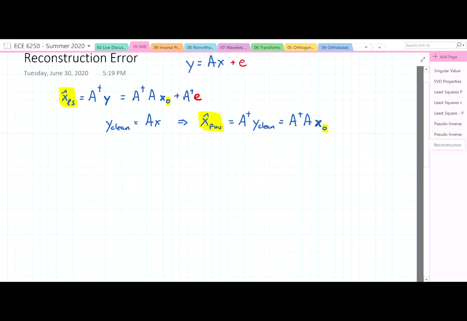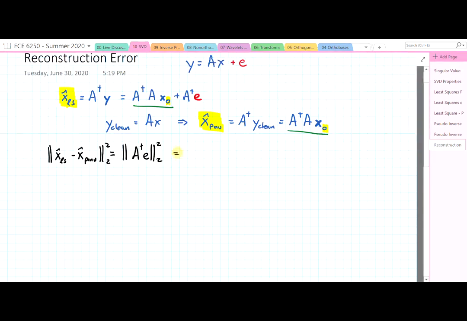To do this, x hat e squared minus x hat squared is equal to A dagger. Now the only difference is going to be A dagger e, because they both have the A dagger A x naught term in there.